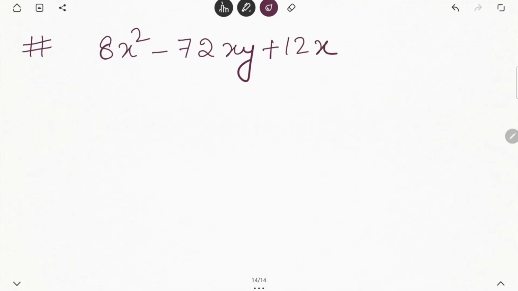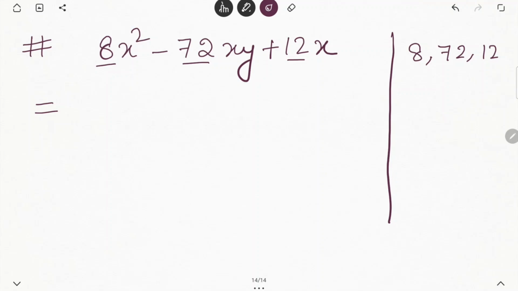So first, we will consider the numbers 8, 72 and 12. Out of 8, 72 and 12, can you tell me which is the common factor?